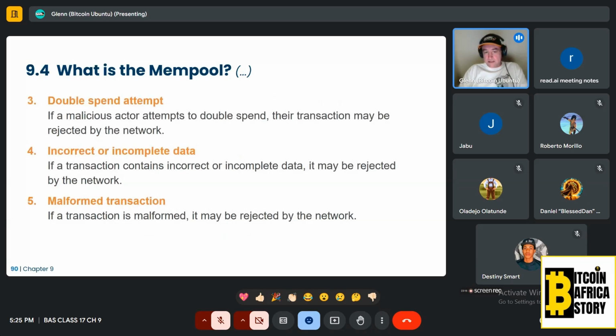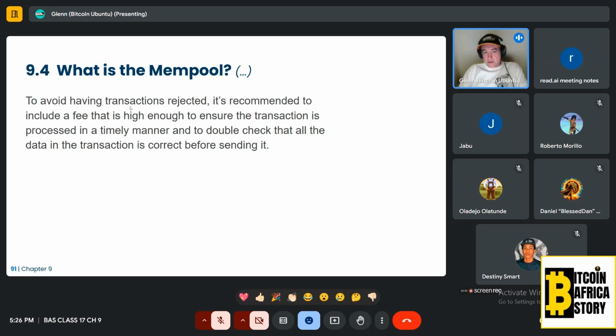If a malicious actor attempts to double spend, their transaction may be rejected by the network. 4. Incorrect or incomplete data. If a transaction contains incorrect or incomplete data, it may be rejected by the network. 5. Malformed transaction. If a transaction is malformed, it may be rejected by the network.